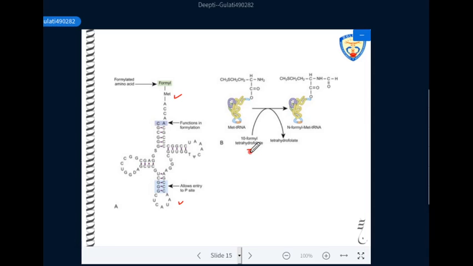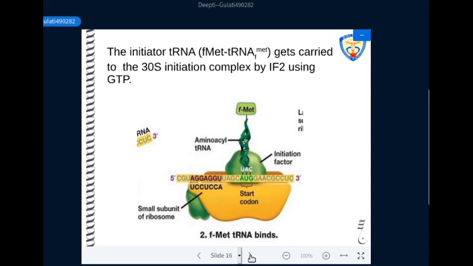This is a substrate which provides the formyl group. The formyl group is transferred to the methionine, and what is released is tetrahydrofolate, and we get a charged tRNA molecule which has a methionine attached, and that methionine is now formylated. So the initiator tRNA in case of prokaryotes is a formylmethionine transfer RNA molecule.